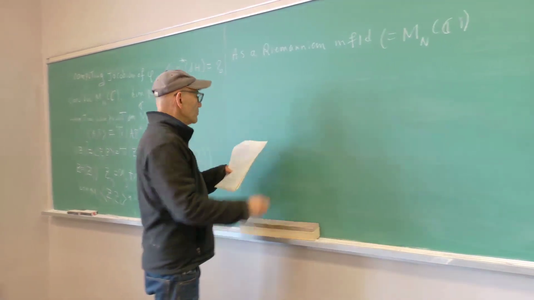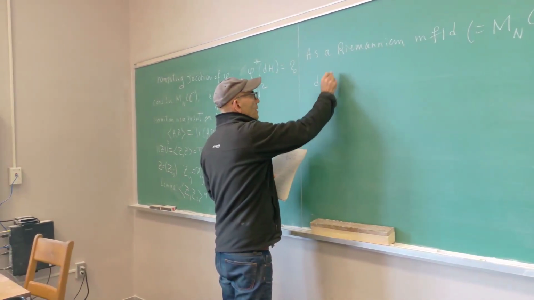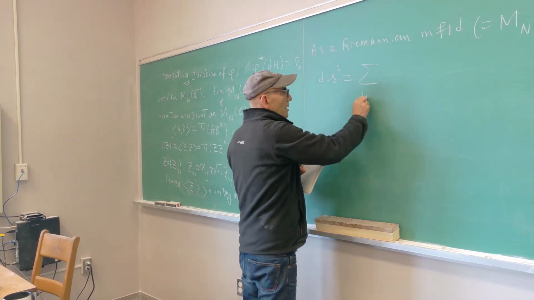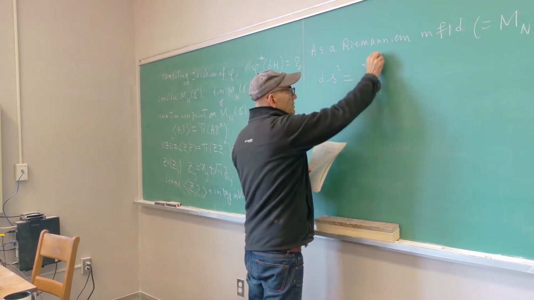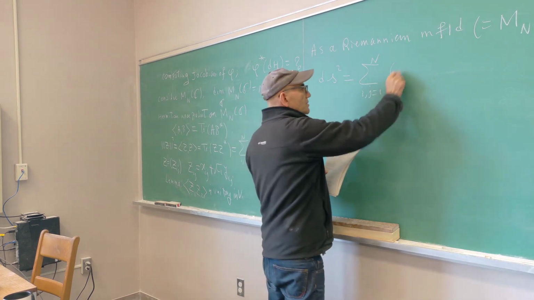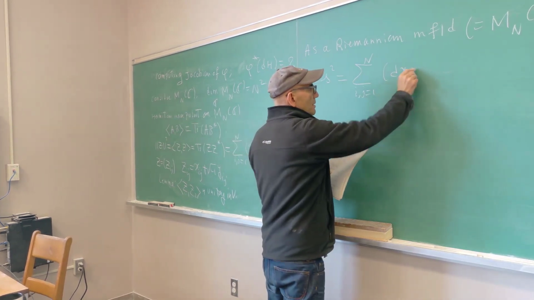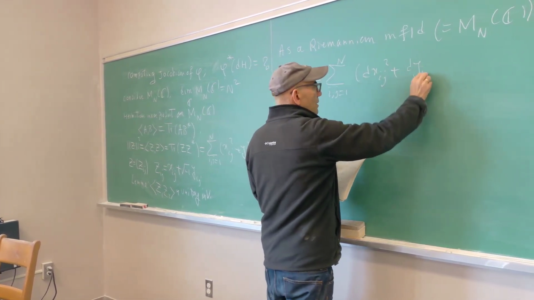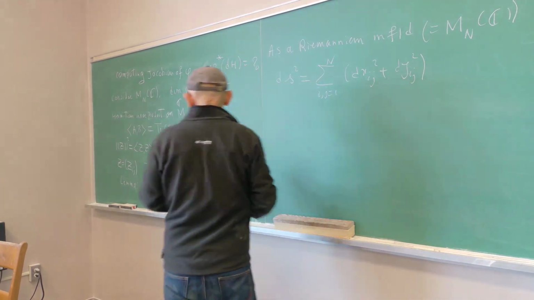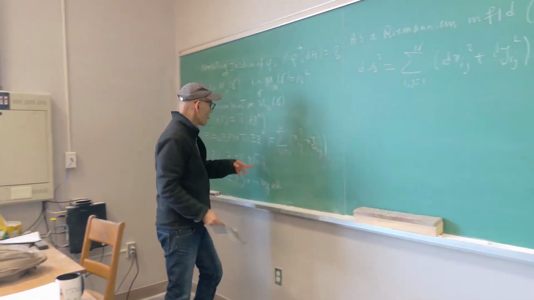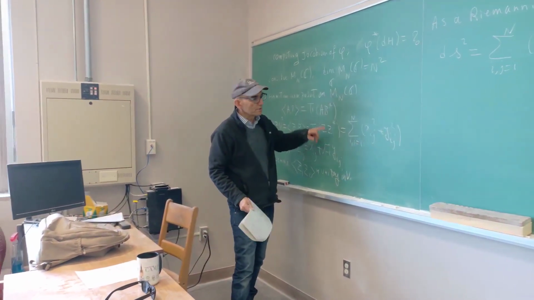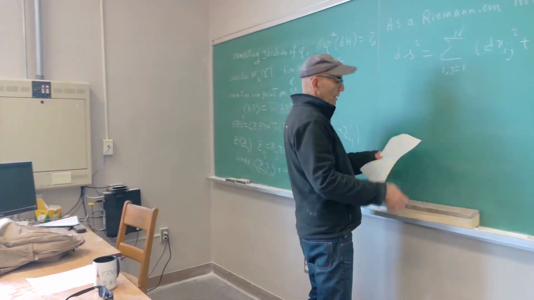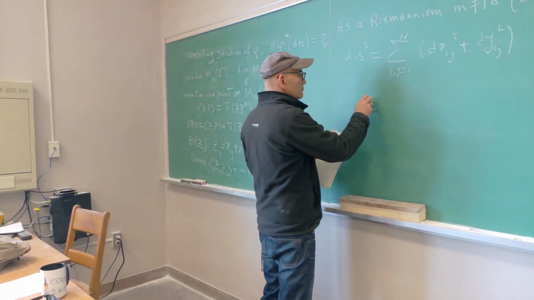The Riemannian metric, you can write it as ds squared equal to the sum over i, j from 1 to n of dx_ij squared plus dy_ij squared. So in other words, the Riemannian metric for this inner product in this coordinate is diagonal. So the Riemannian metric is okay.